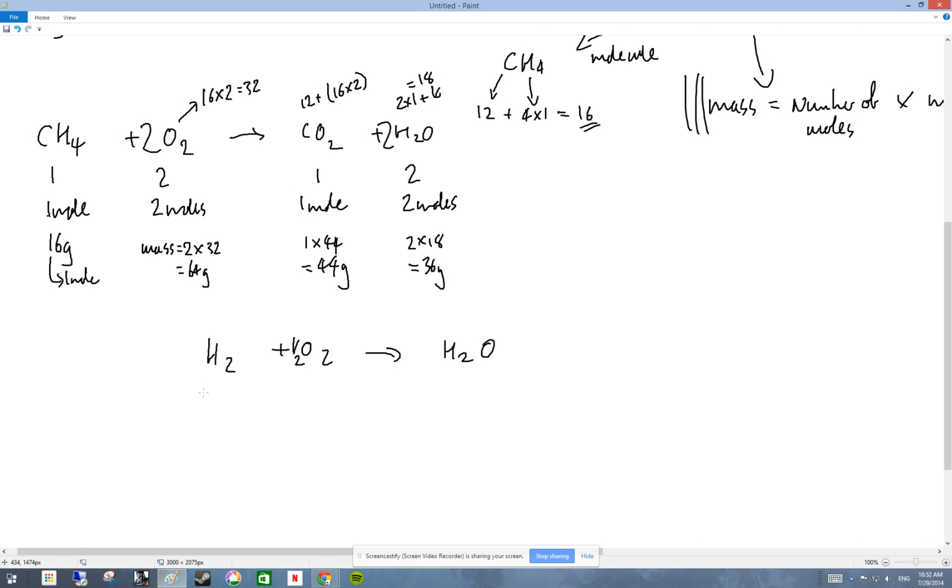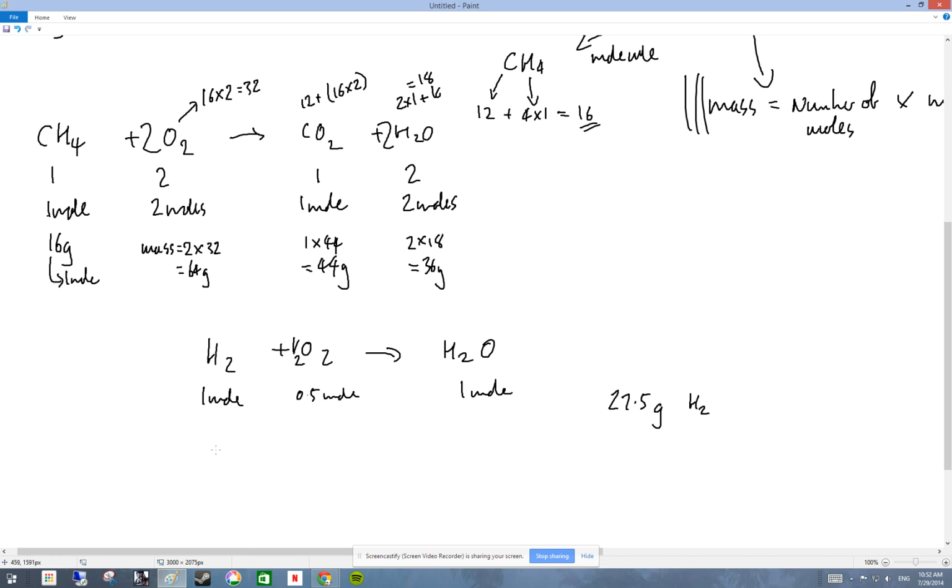Okay, so this equation is telling me if I had a mole of hydrogen, that would react with half a mole of oxygen to make 1 mole of water. So let's suppose we had 27.5 grams of H2. How much water would we make and how much oxygen would we need to burn it?